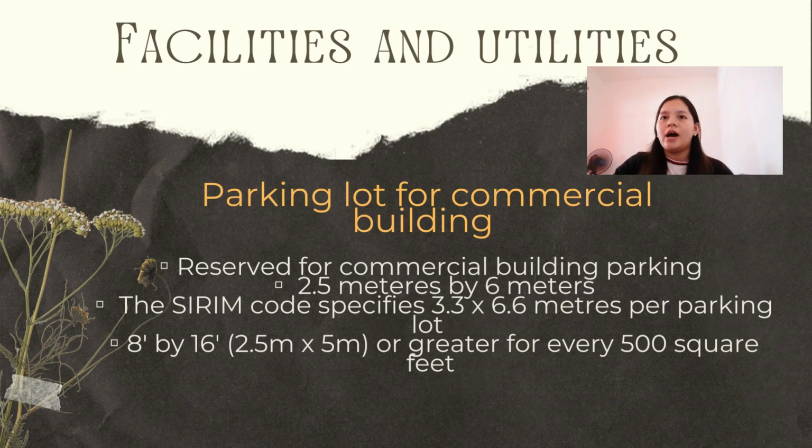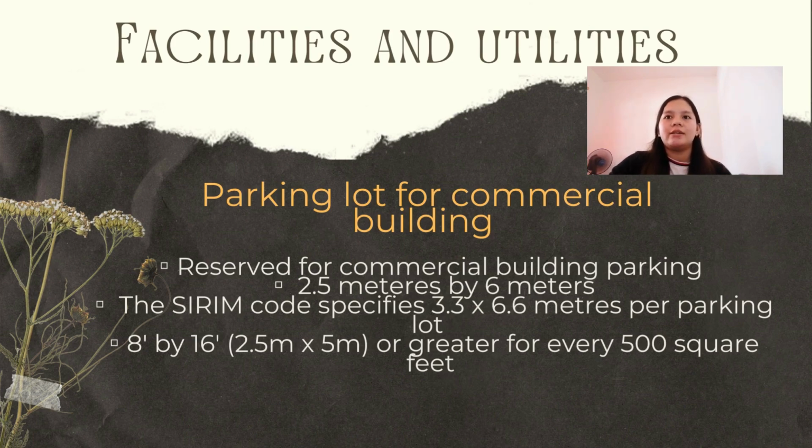So according to the Selangor State Plan Standard Rule and Manual, the planned roadside parking lot standard measurement are 2.5 meter by 6 meter. So the series MS 1331 at 1993 code specific 3.3, we multiply with 6.6 meter per parking spot for disabled parking place.